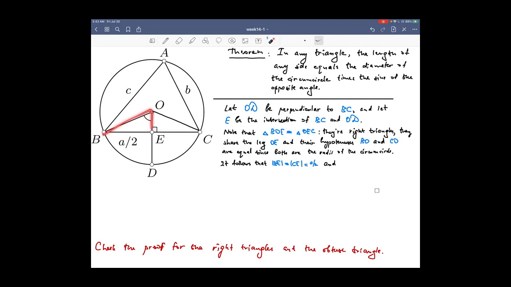BOD equals angle DOC. And therefore angle BOC simply equals twice the angle BOD.